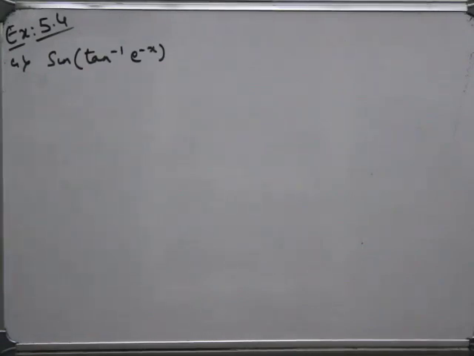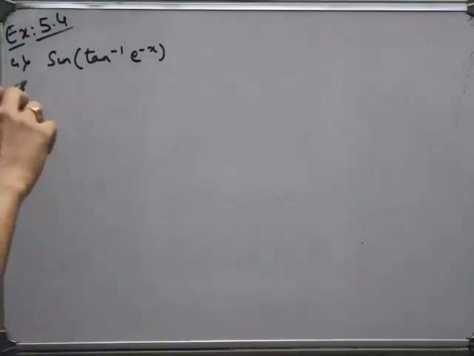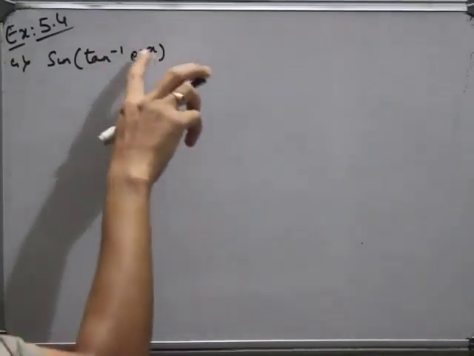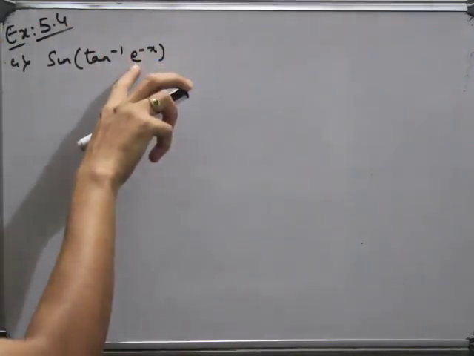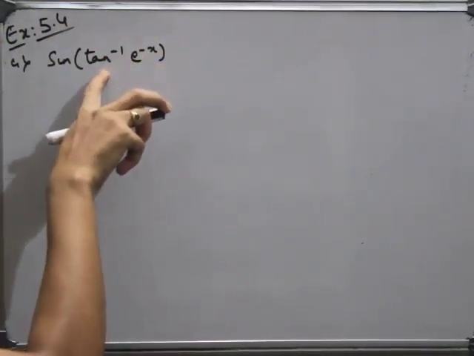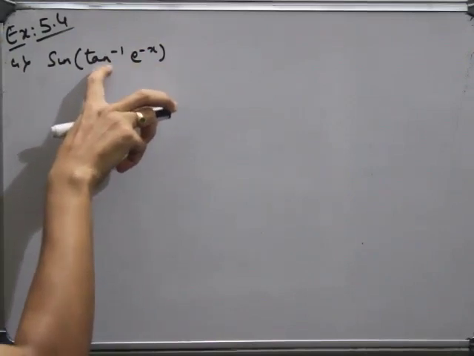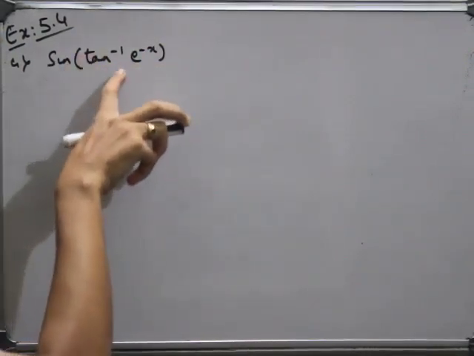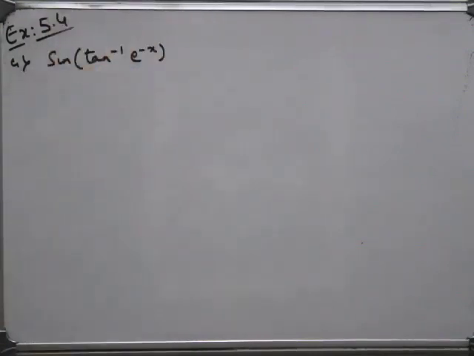By looking at this, we can say it is a composite function, because x is the function defined as exponent, the exponent is the function of tan inverse, and tan inverse is the function of sine. So this is the given function, which is clearly composite in nature.